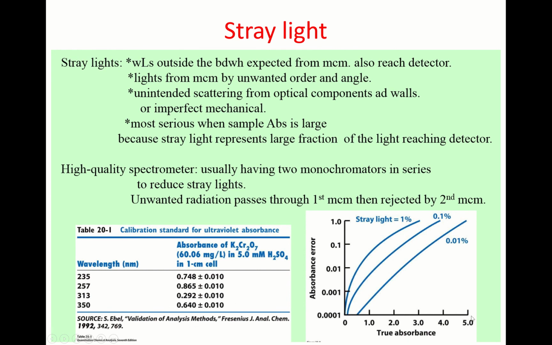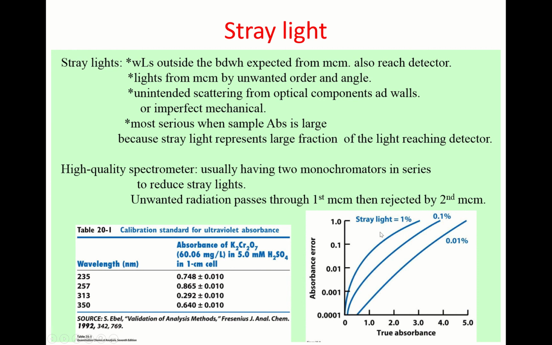And this figure shows the absorbance error as a function of true absorbance when stray light is 1% or 0.1% or 0.01%. This one is the lowest stray light, and the absorbance error increases with true absorbance, but even at a true absorbance of 5, which is not the usual case, maybe up to 2, the absorbance error is less than 0.01.